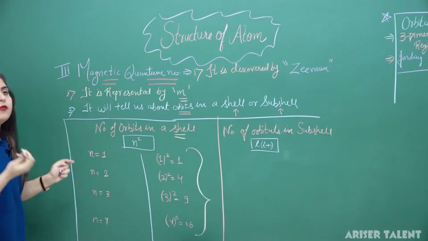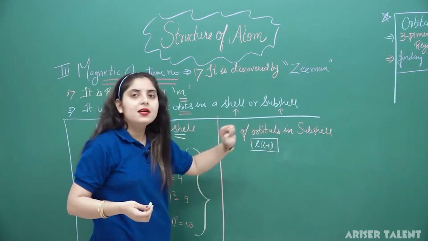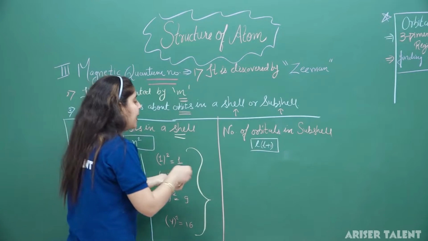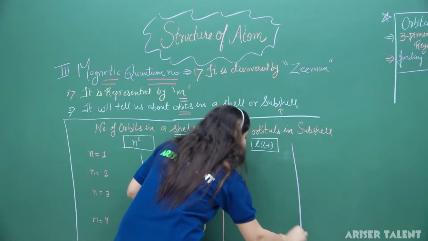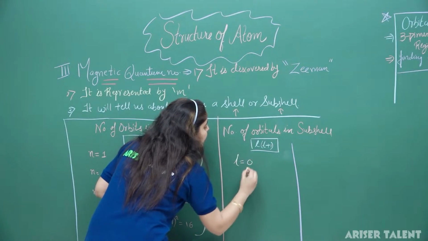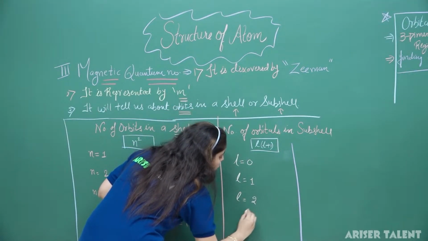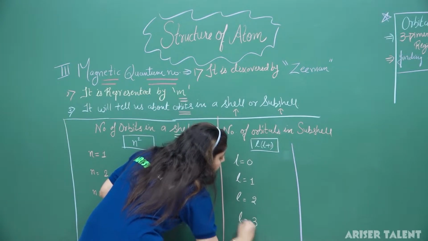Now what we want to determine is the number of orbitals in a subshell. So for calculating the number of orbitals in a subshell, we will take the values of l over here: l equal to 0, 1, 2 and 3.